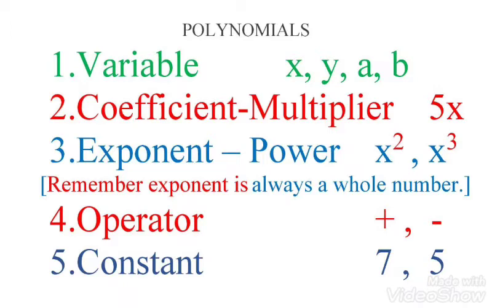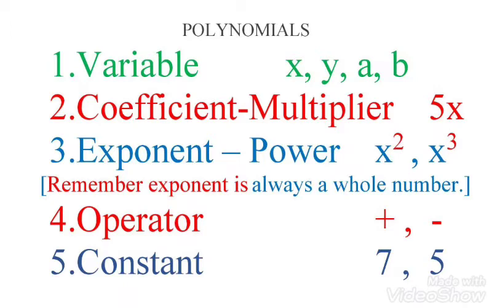Its value can be changed. After the calculation you can get the value of x as either 1 or 2 or 3 or any value. Coefficient, multiplier: in 5x, the 5 is increasing the value of x 5 times.